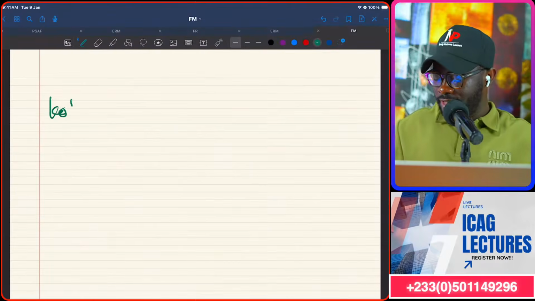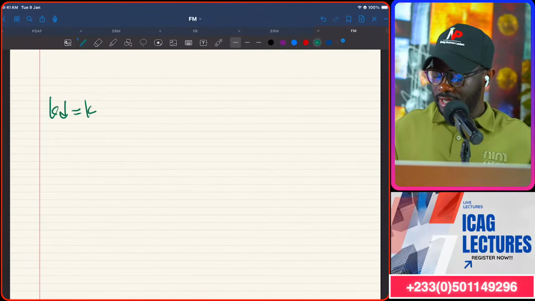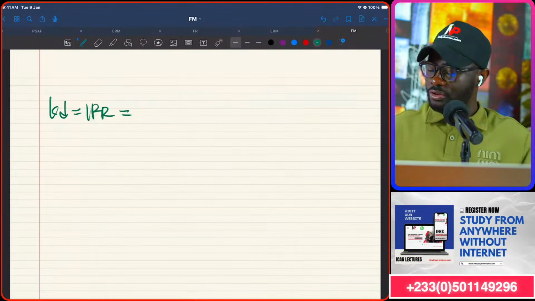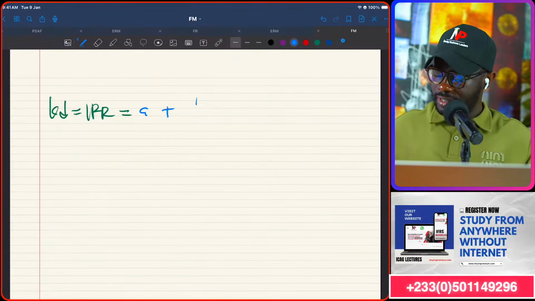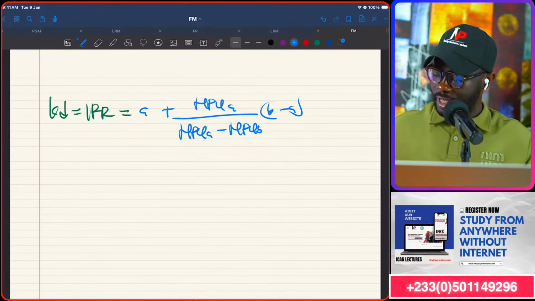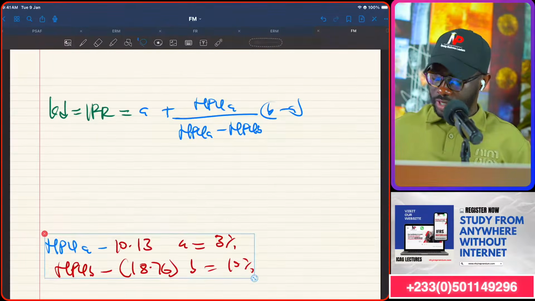So KD, cost of redeemable debt, which is the same as internal rate of return, will now look like A plus NPV-A over NPV-A minus NPV-B, times B minus A. So we substitute those figures into it.